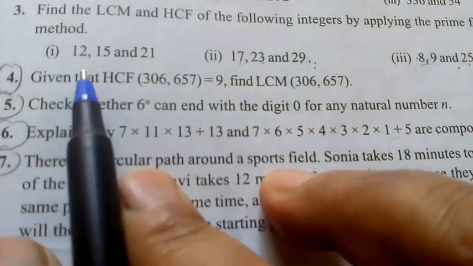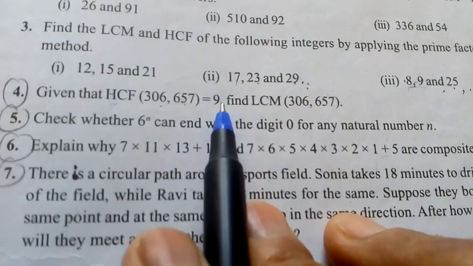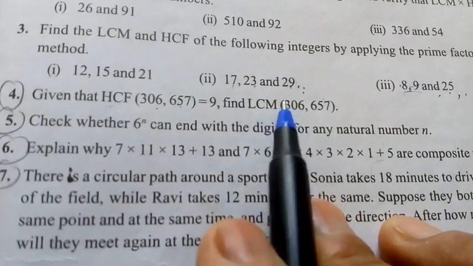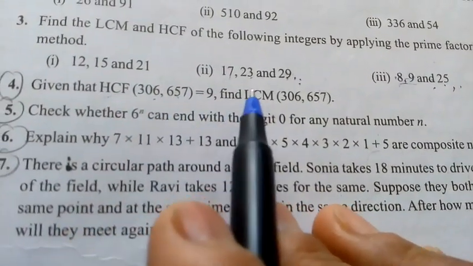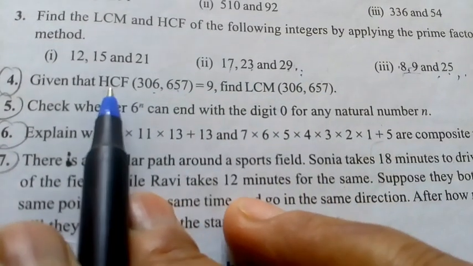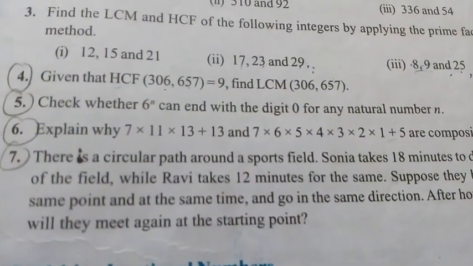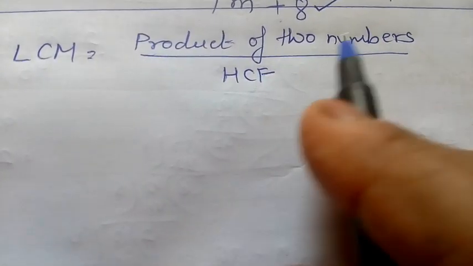Question number 4. Given that HCF of 306 and 657 equal to 9, find LCM. Here I will use the formula for finding LCM: product of two numbers divided by HCF.